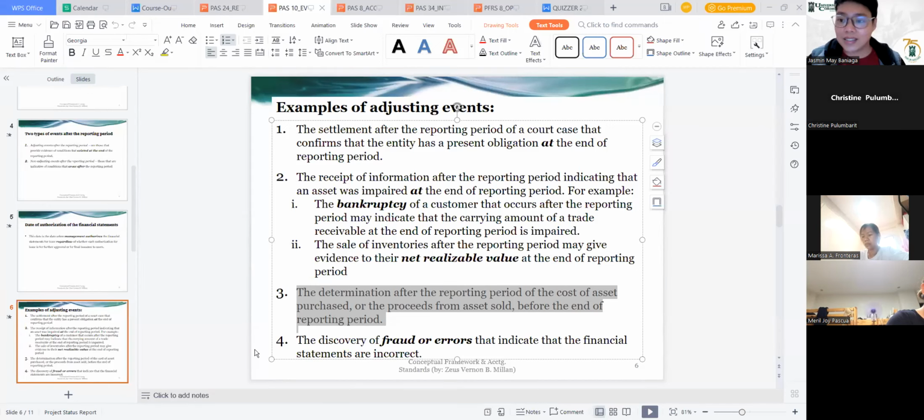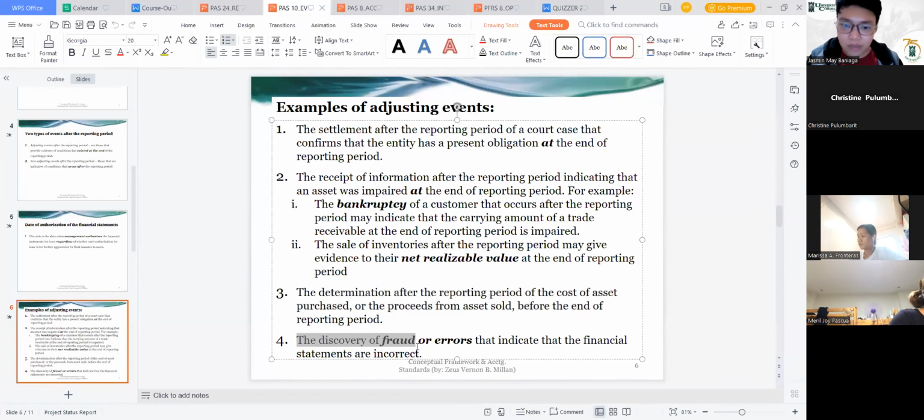Number 3, yes. Because the final amount or measurement was found out after the reporting period but before the date of issuance of the FS. And the origin, the nature of the transaction is within year 2022. So, as you can see, it's an adjusting event. We need to reflect the correct amount or the updated amount or measurement of the said item.